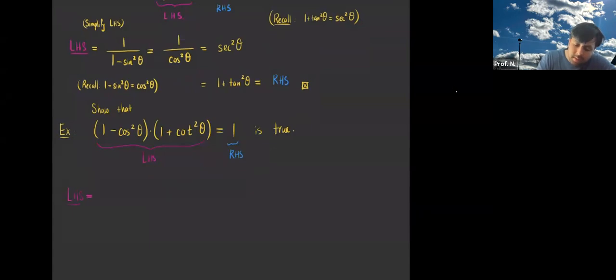What does the left-hand side say? We got 1 minus cosine squared theta multiplied by 1 plus cotangent squared theta. Now, what can we say about this? What could we do?